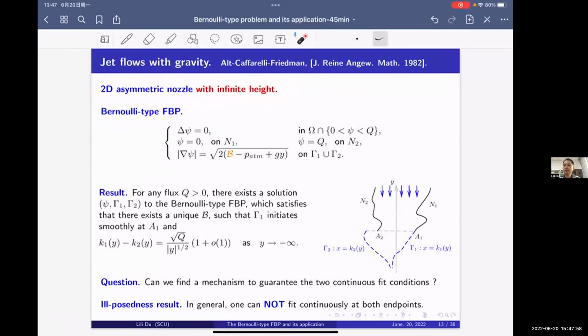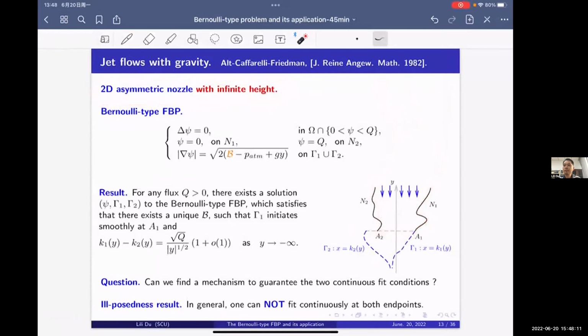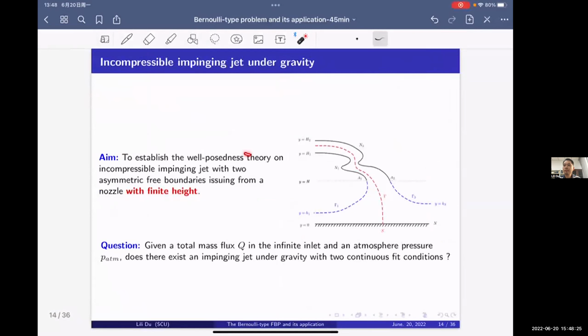If the LOZO has infinite height, the velocity may blow up at the orifice. So we can establish some classical solutions for this problem. So we modified the model with a finite height.